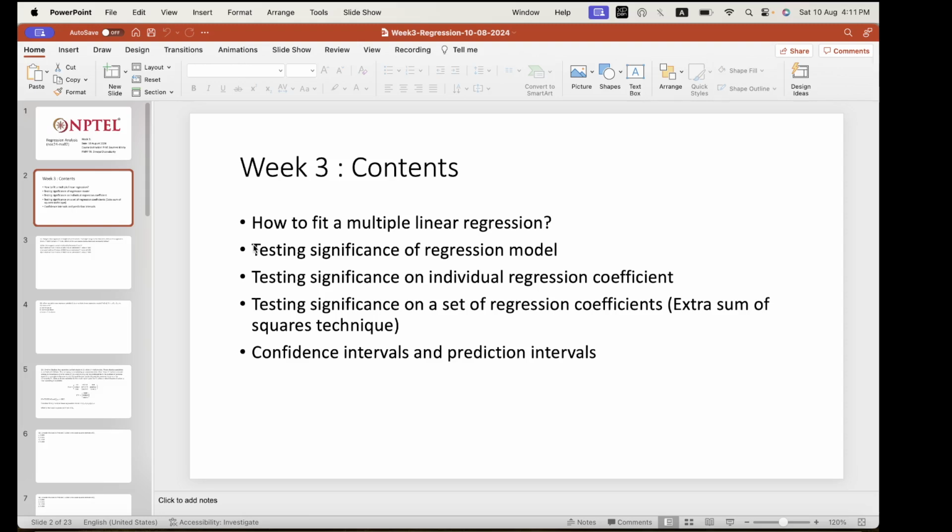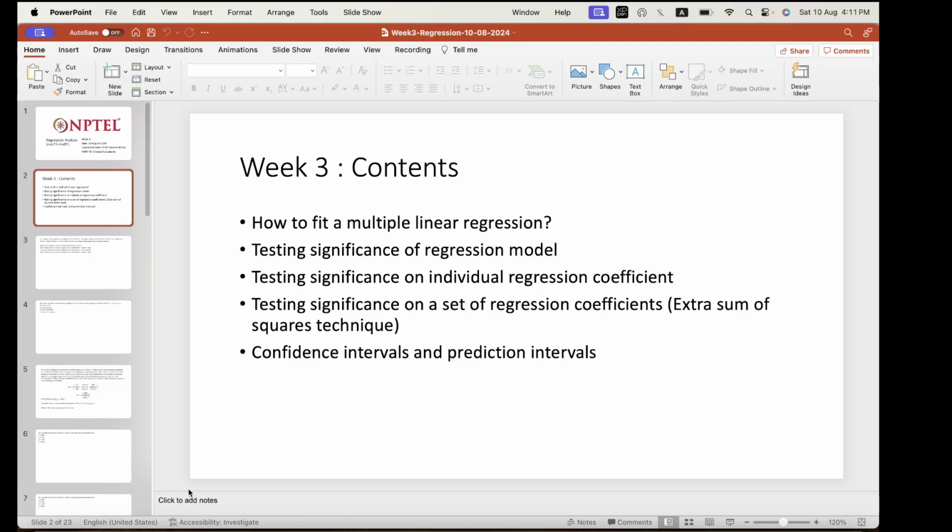So for a simple linear regression we had this thing where we tested for significance of only one beta. Here, since multiple linear regression is nothing but an extension of the linear regression, we have learned how to conduct significance testing on individual regression coefficients.